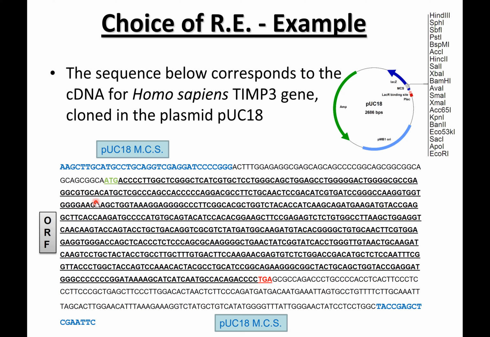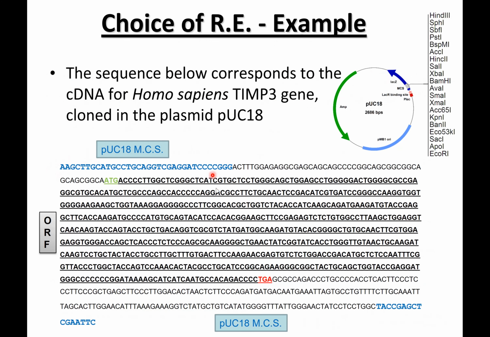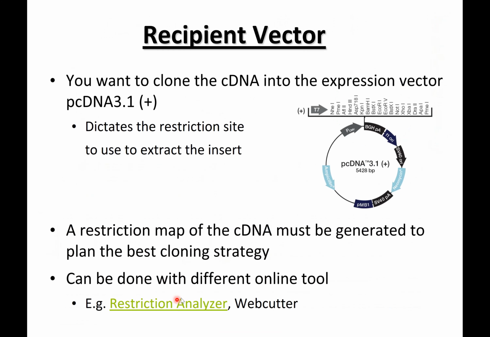So if you know the restriction site for each of these restriction enzymes, you could look for them in all this sequence, but it would take you a long time. Luckily, there are online tools like the one you see right here, Restriction Analyzer.